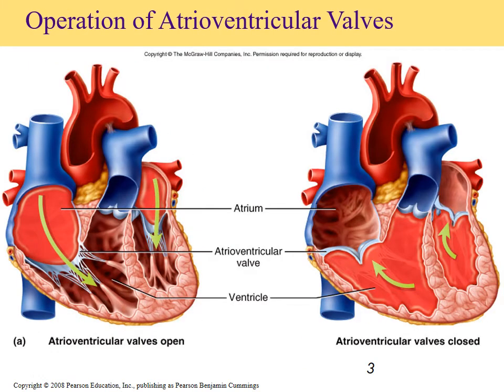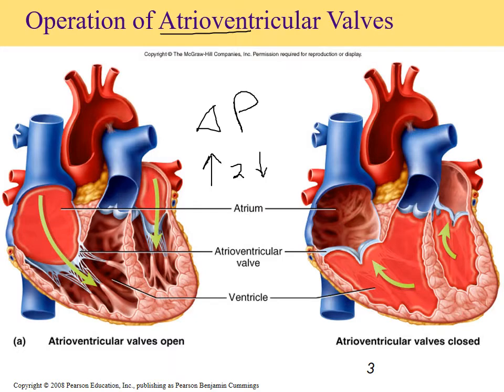So here we go. Let's take a look at our AV valve. Tricuspid on the right, bicuspid on the left. What we see happening here is that the valve will open based on changes in pressure, and when it does so, it allows blood to flow from a high pressure point to a low pressure point. What does that mean?